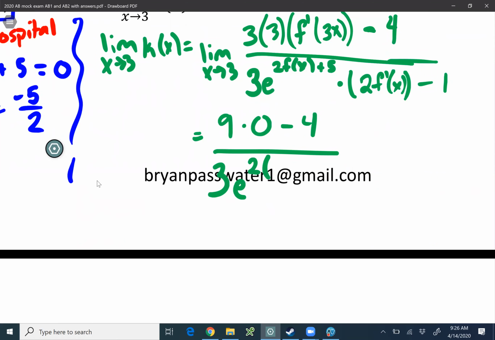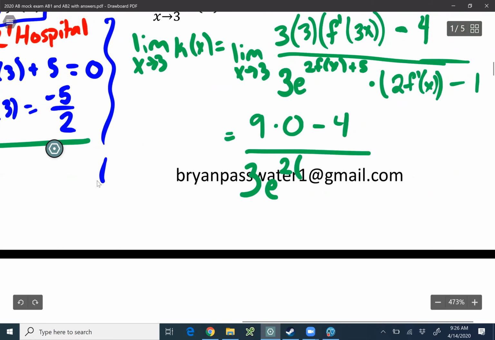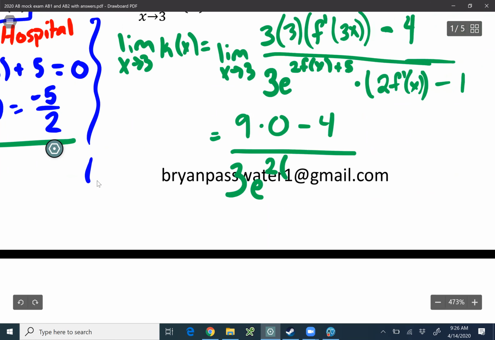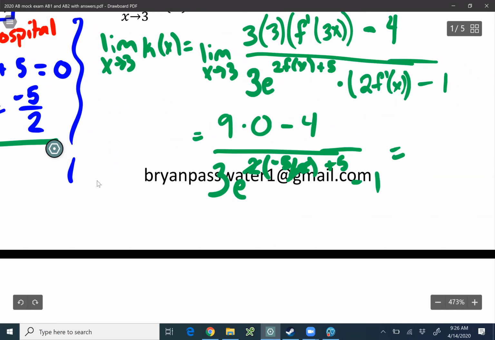And f of 3 is what we just solved for, negative 5 halves. So negative 5 halves plus 5 minus 1. Well, 2 times negative 5 halves, the 2's are going to cancel. And so that's e to the negative 5 plus 5, so that's actually e to the 0. So that goes to 0.